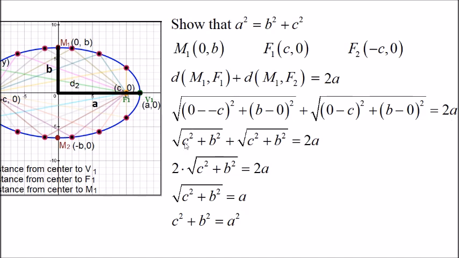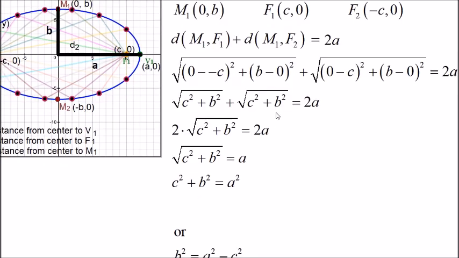Simplify, this is the square root of C squared plus B squared, and then the square root of C squared plus B squared. These two quantities are the same, so we can rewrite it as 2 times the square root of C squared plus B squared is equal to 2A. Square both sides, then we have C squared plus B squared is equal to A squared.